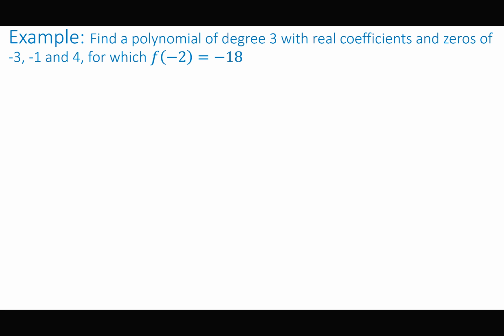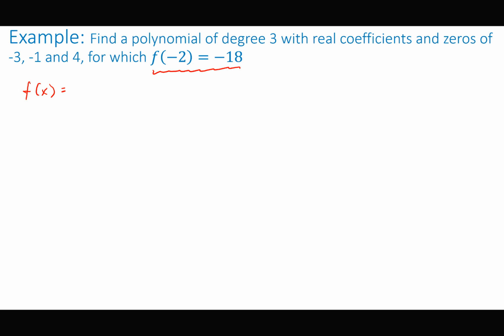So we're going to have some polynomial that's going to be x cubed with real coefficients, so real numbers, not imaginary numbers, and zeros at -3, -1, and 4. But also this polynomial that we come up with, when we put -2 into it, we get -18 as an output. All right, so there's a lot of information they're giving us that we're going to need to use to construct this polynomial.